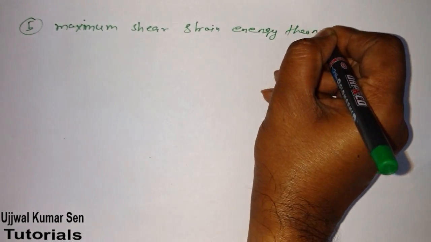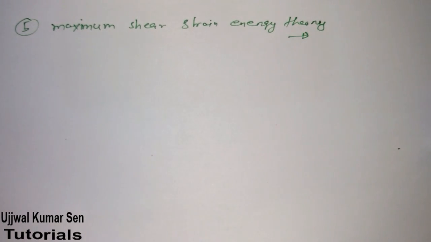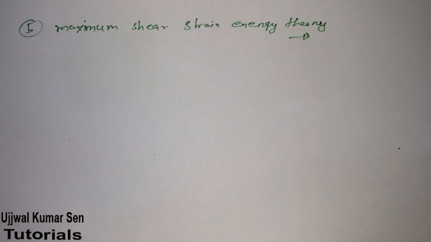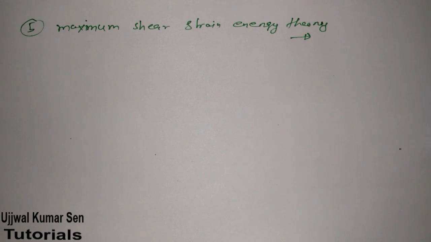Now we'll talk on this topic, right? For 2 things I have already shared with you. First, if you're talking about brittle material, then the most important one is the maximum principal stress theory. And if you're talking about ductile material, then the maximum shear strain energy theory and the maximum shear stress theory are also important. So these theories play the most important role, right?